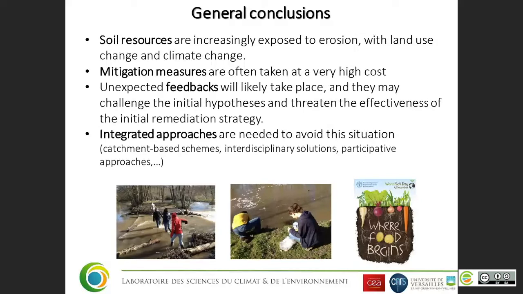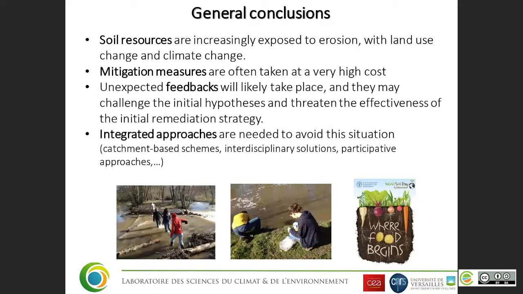And so what happens in Fukushima, I think, is a good example. Sometimes you take a decision with that objective, but then there are feedbacks in the system that you didn't think of or didn't expect to be so strong. And they may even threaten your initial strategy.